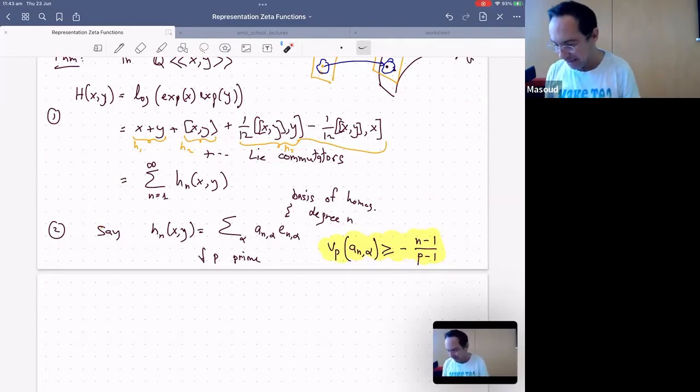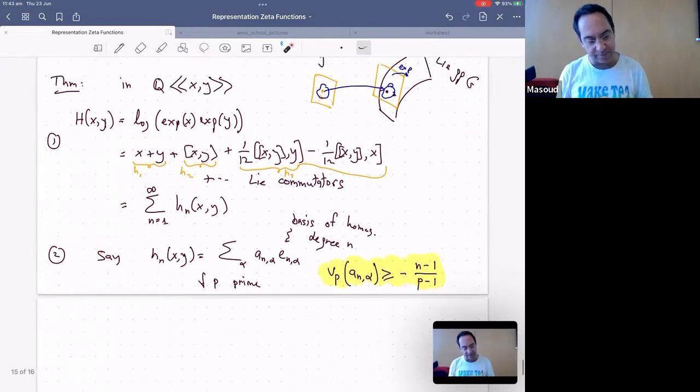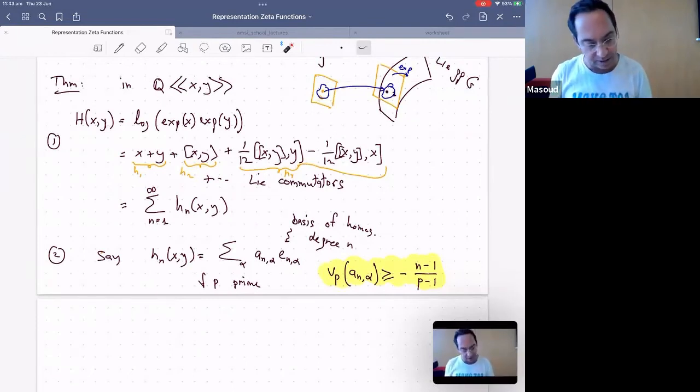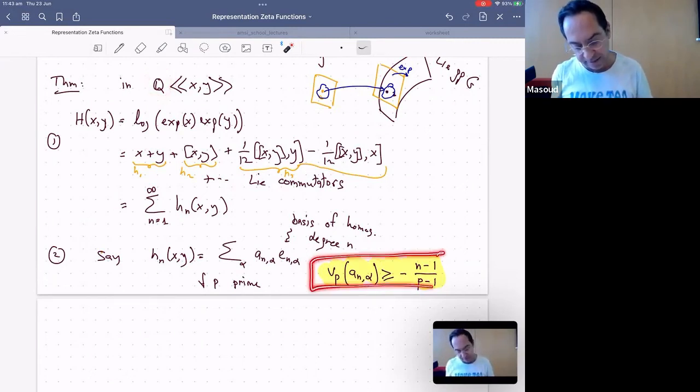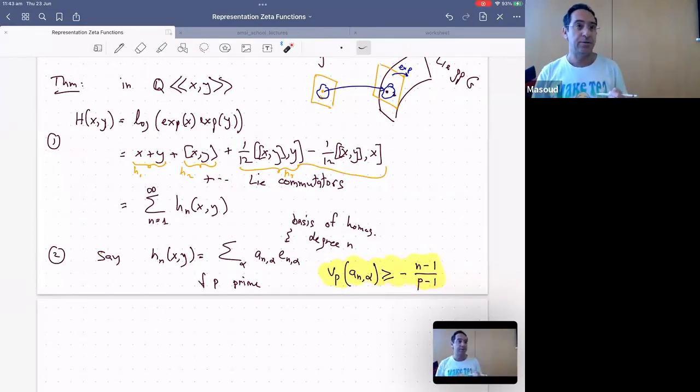So that's something which, if you only care about real Lie groups, you don't care about this coefficient so much. You only need to care that they converge. But now I'm thinking about them as happening over the rational numbers, and I observe that there is a bound on the denominators. So these denominators can't grow arbitrarily large.